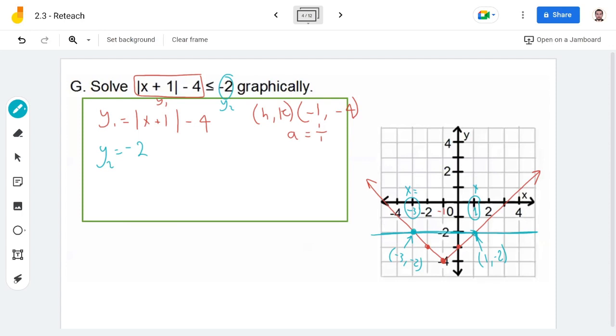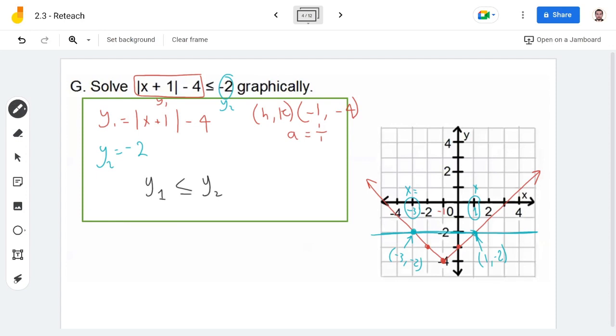Now, let's have a look at the inequality here. It's saying y1 is less than or equal to y2, right?